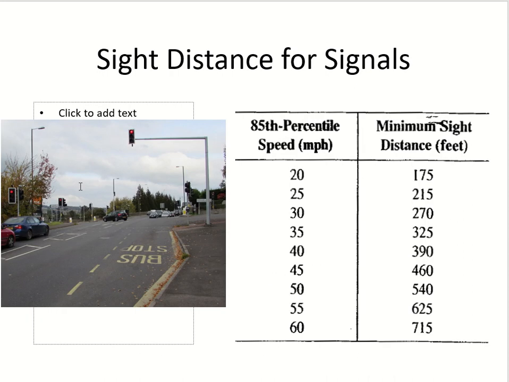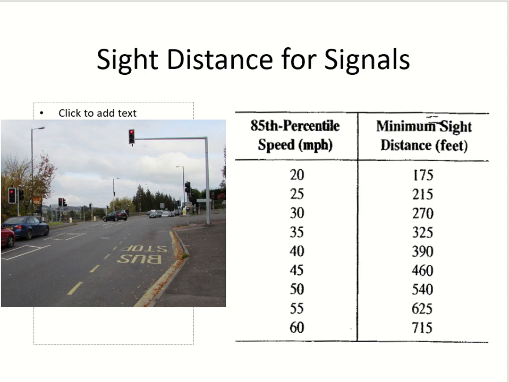Sight distances for signals, recommended values, are coming from the speed. Obviously, sight distance depends upon speed. They are also using some other constants as well. We will talk about them if time permits. But these are the standard values.